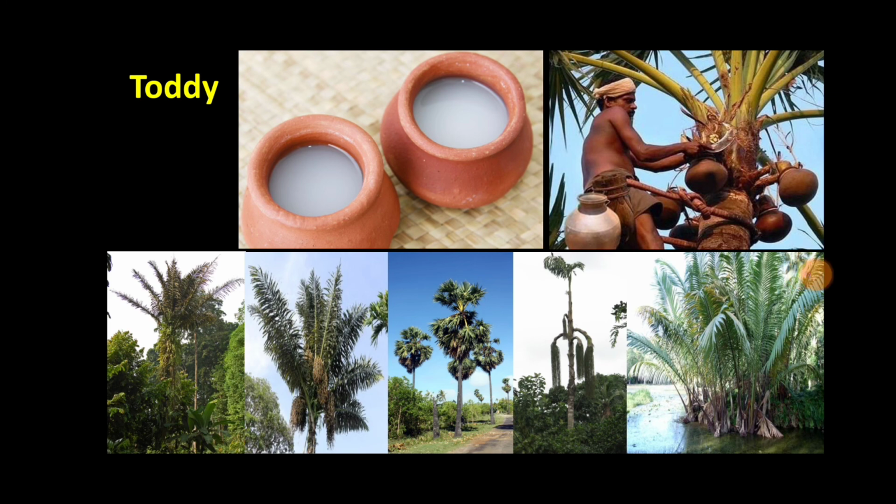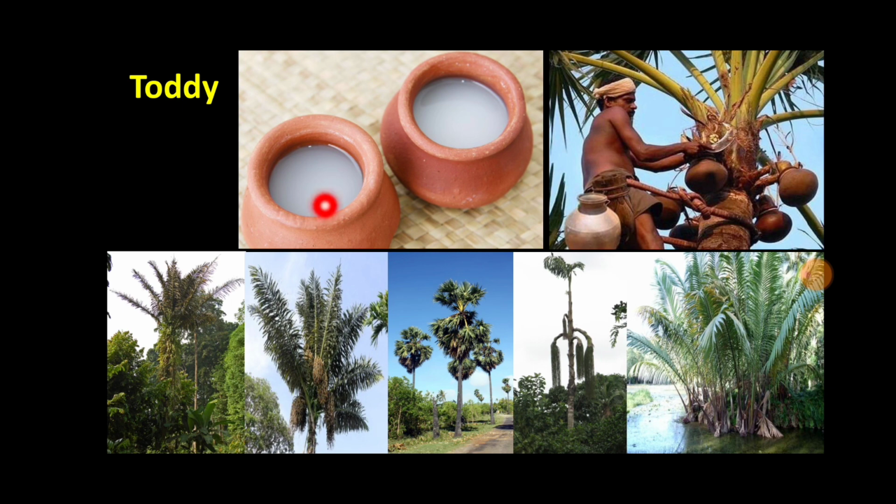What is toddy? A sap or sugary solution which is obtained by cutting or tapping the stems, young peduncles or inflorescences of several species of this family Araceae. This sap or sugary solution is used for manufacturing jaggery. By fermentation of this sap, an intoxicating drink or beverage is produced, that is called as toddy.